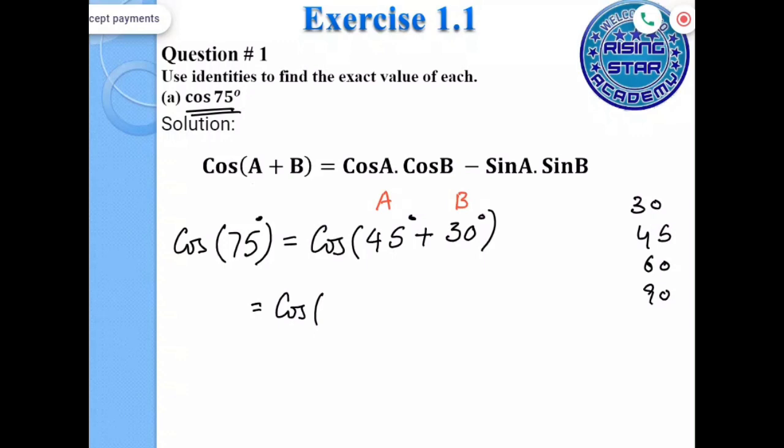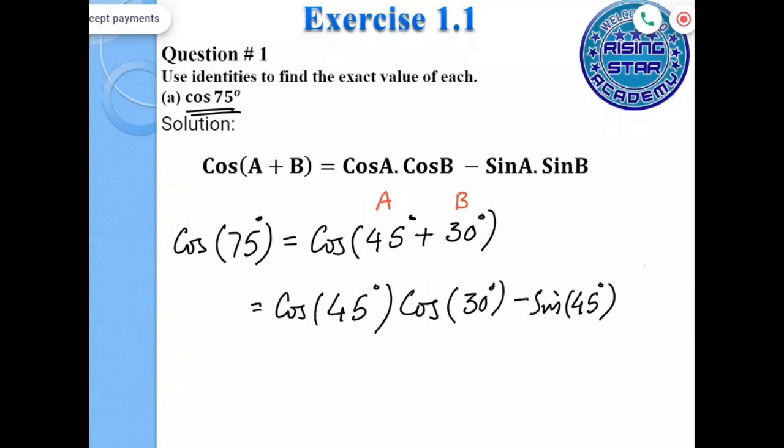Now I would write cos of 45 degree into cos of 30 degree, then minus sine of 45 degree, and then we will write sine of 30 degree.